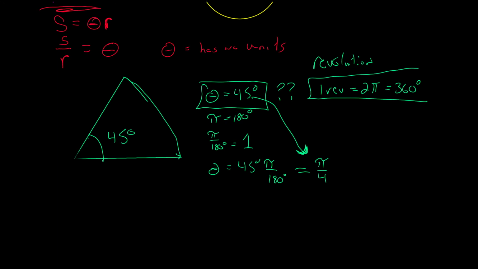If I revolve completely once around a circle, I've gone 360 degrees, or 2 pi. If I've gone halfway around a circle, I've made a half of a revolution, I've gone pi, or 180 degrees. So when we talk in circular motion, our main unit is going to be the radian.